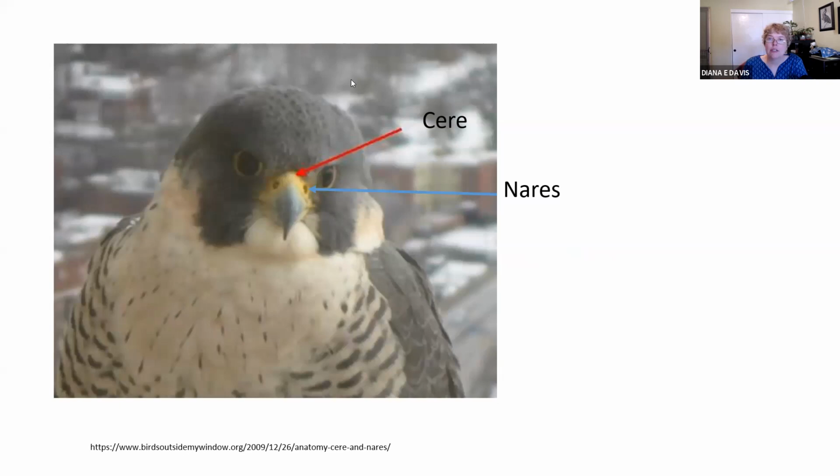The nares are the nose openings. So this is where birds breathe. Just like we have nostrils, birds have what we call nares.